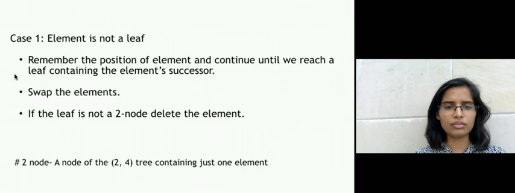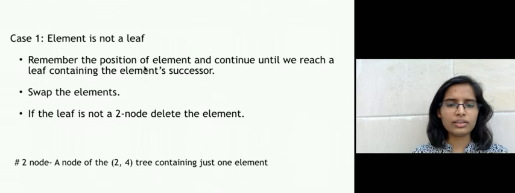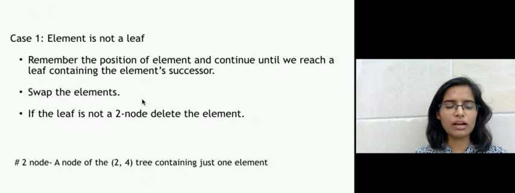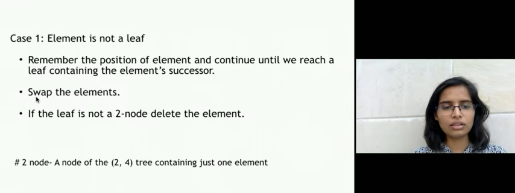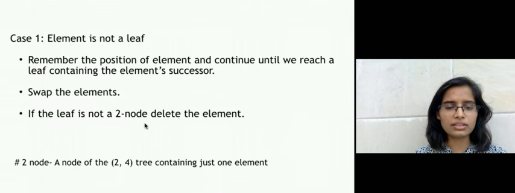So we start finding the element, we find the position, we remember the position, and then we find the element's successor. After finding the successor, we swap the elements, and if the leaf is not a 2-node, then we delete the element. But if it is, then that's a different case that we'll be dealing with later.